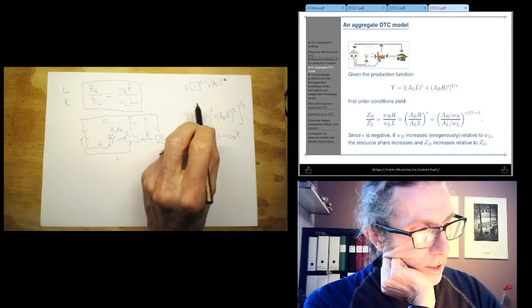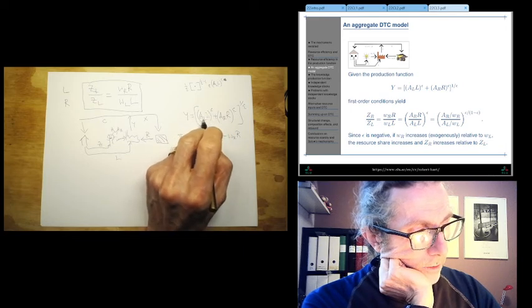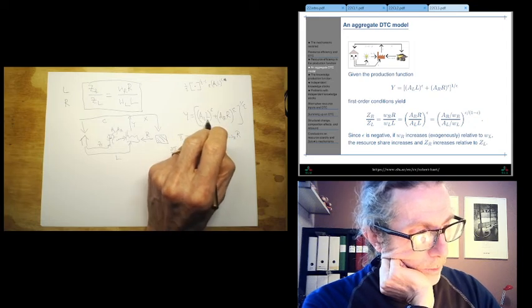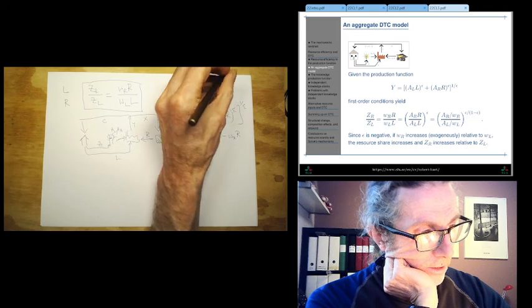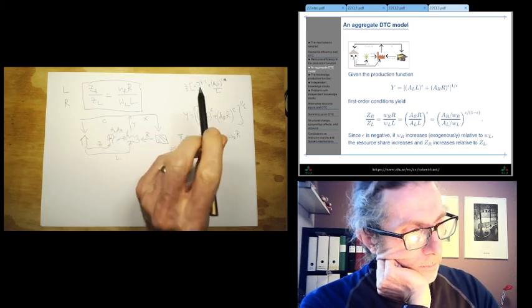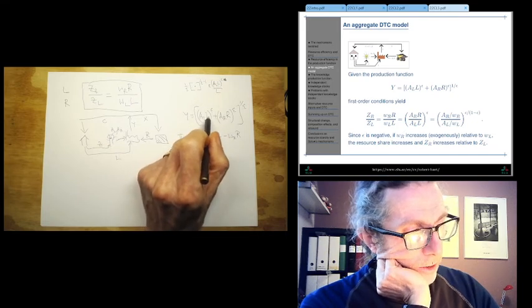it's ε. If we're going to do this like an economist now, it's ε times (A_L L)^ε divided by L, because this is like A_L to the ε, L to the ε.